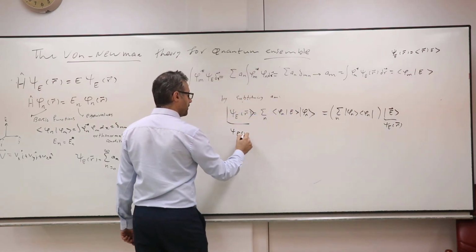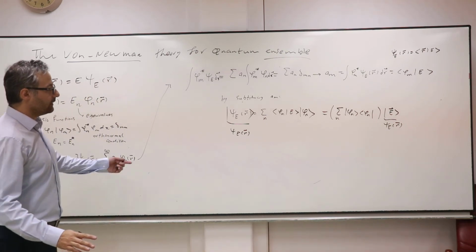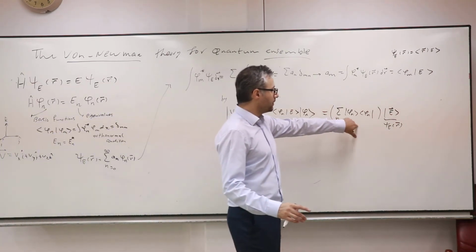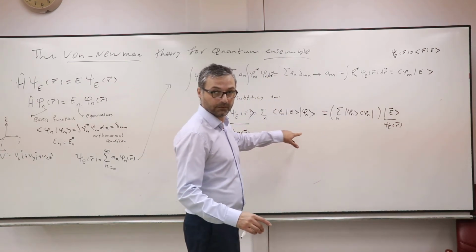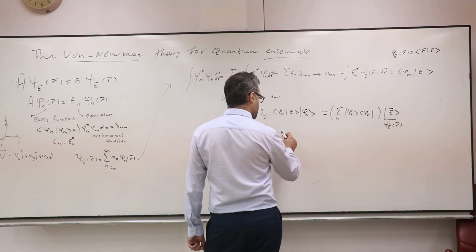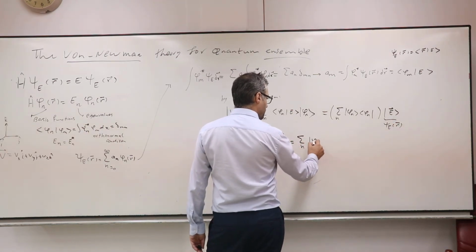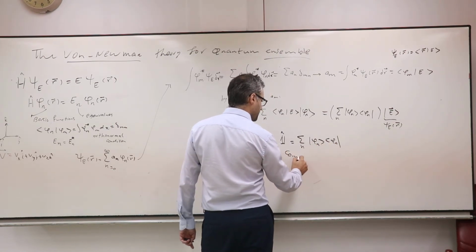So psi E of r in Dirac notation or not, it is the same. You get one very interesting thing: psi E of r is something multiplied by psi E of r. So that will be 1. That should be 1. So 1, but which one? Operator 1. This is called completeness.